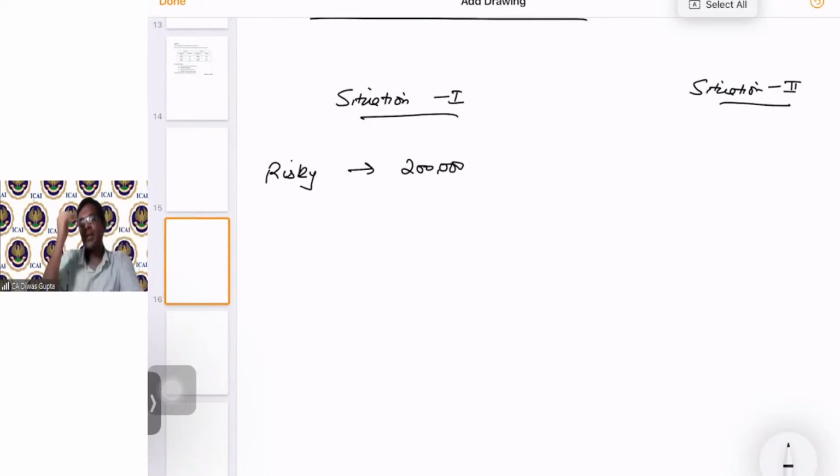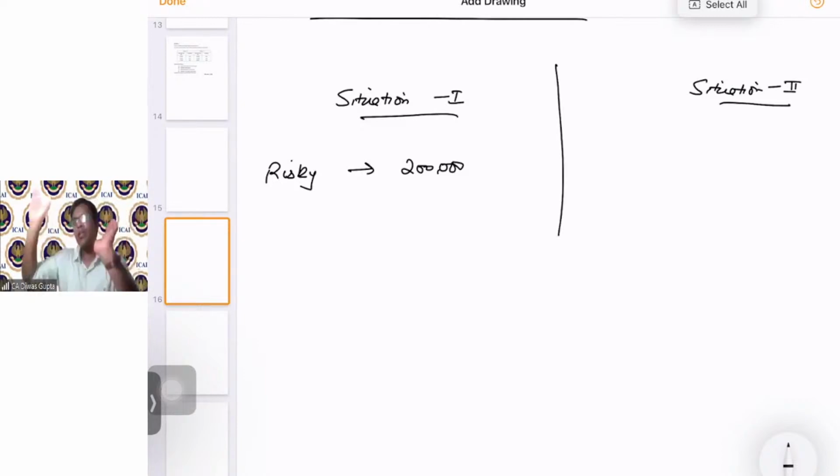So in situation one, we have estimated that the risky cash flows will be 2 lakh rupees. You can assume it's a best possible outcome or an average or mean, whatever you want to assume. But for the sake of not adding complexity here, I'm just assuming that 2 lakh rupees is the risky estimate of the cash flow that is going to happen under situation one.